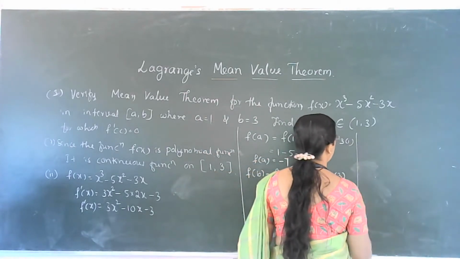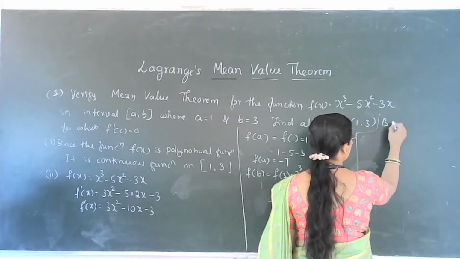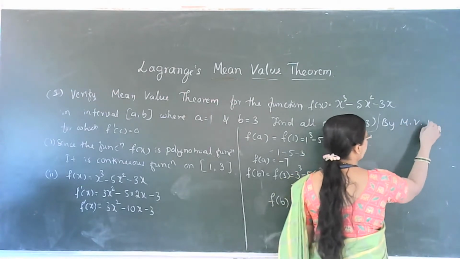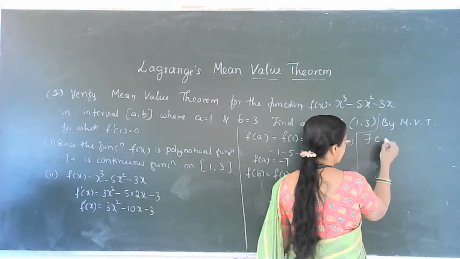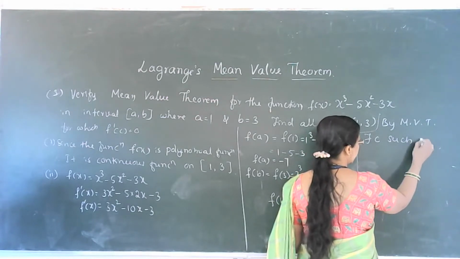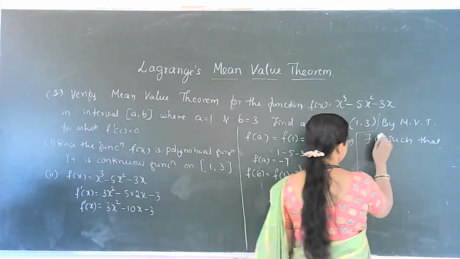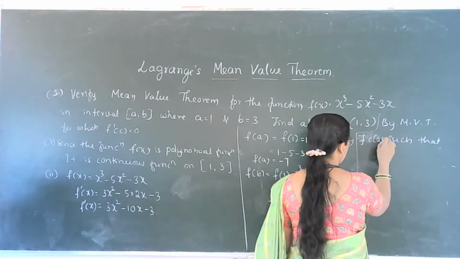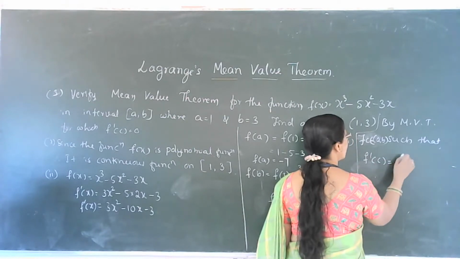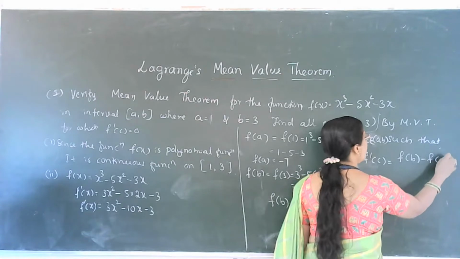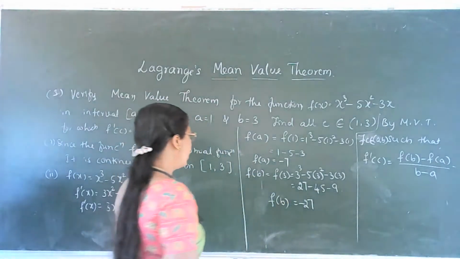Then by the mean value theorem, or MVT, there exists c belonging to (a, b) such that f dash c is equal to f of b minus f of a divided by b minus a.